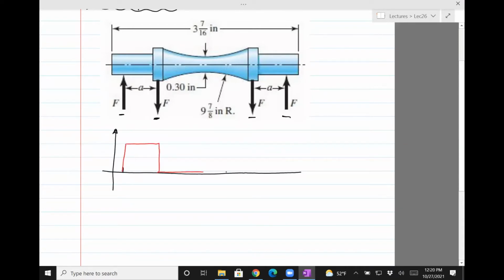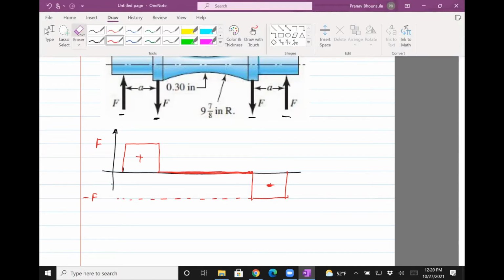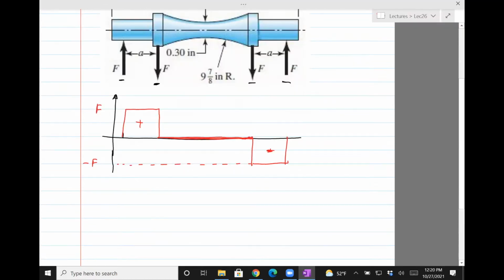It stays 0 because those forces cancel the effect of each other, and then goes negative and back to 0. So positive, negative, this is capital F, and that's going to be minus F. Okay, so that's mildly interesting.